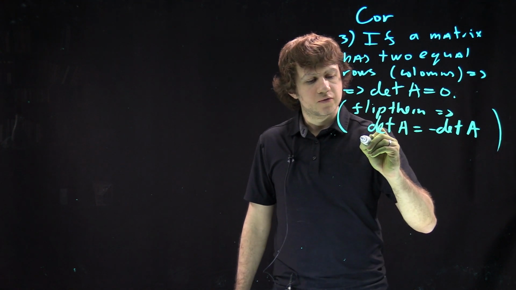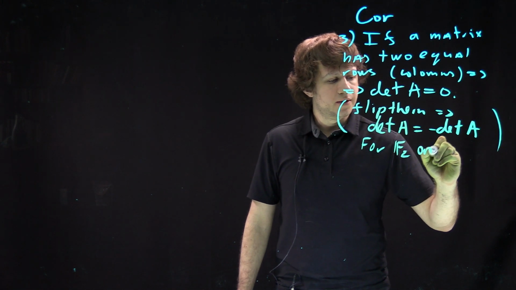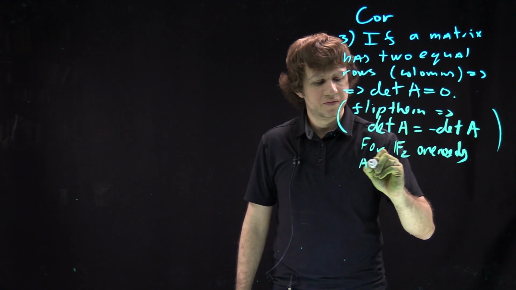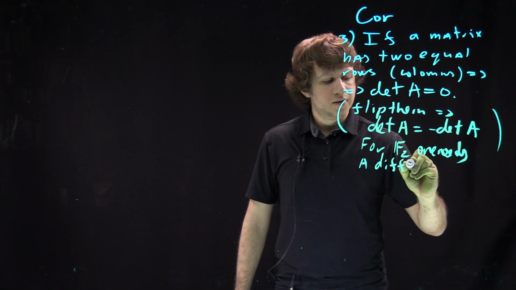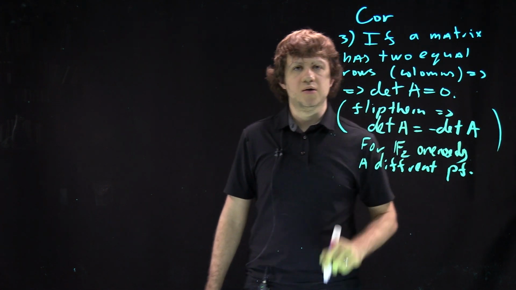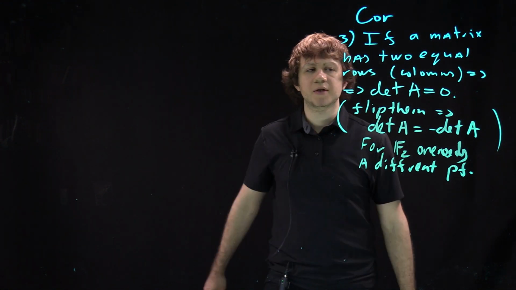For F2, one needs a different proof. If your field has a property that 1 is the same as -1, this proof will not work, but the statement is still true. Let me not prove it.